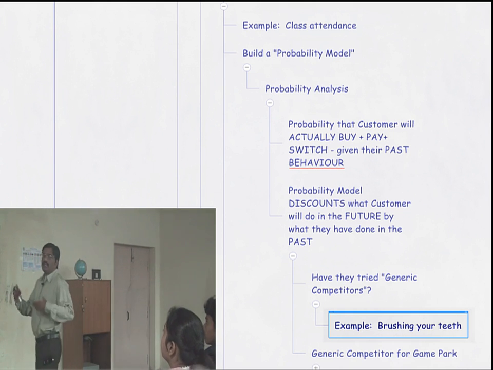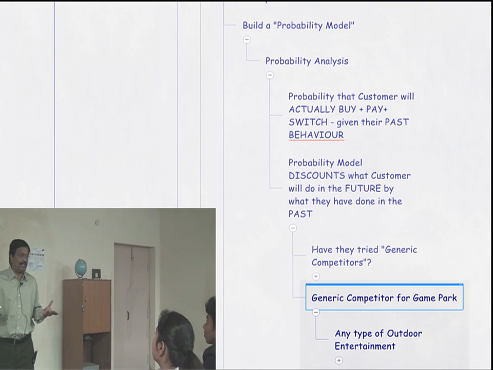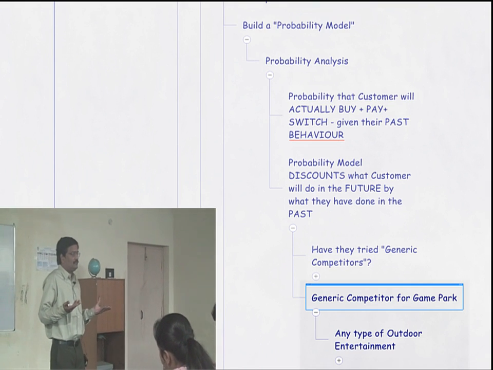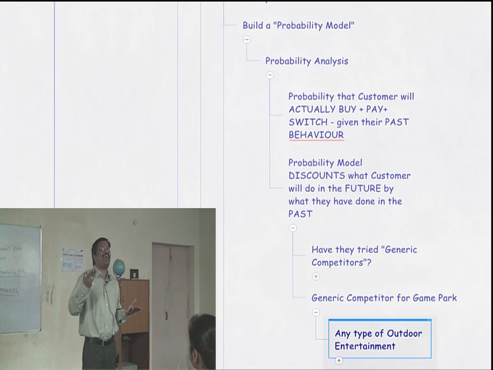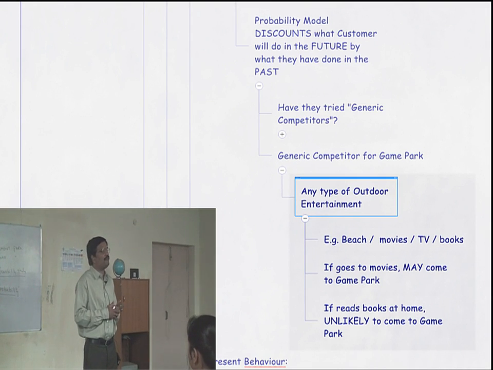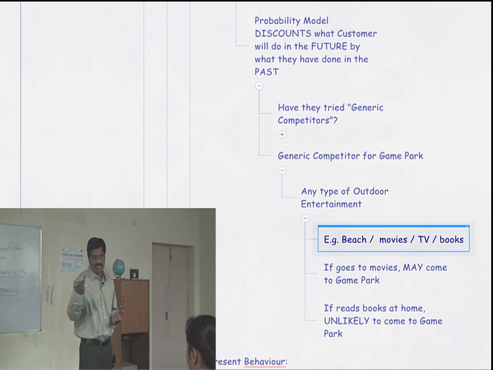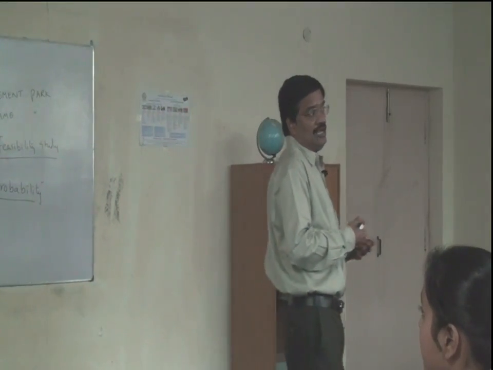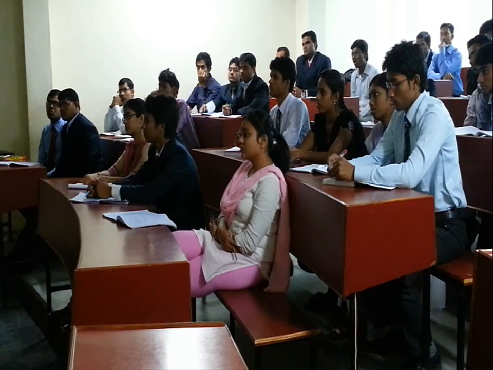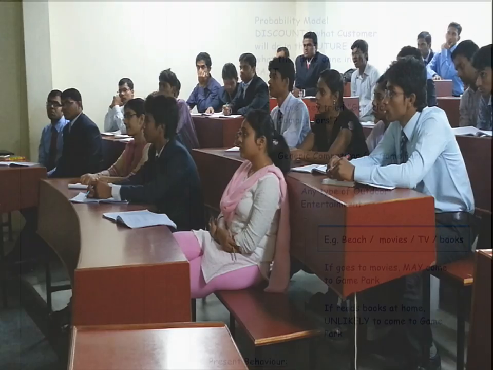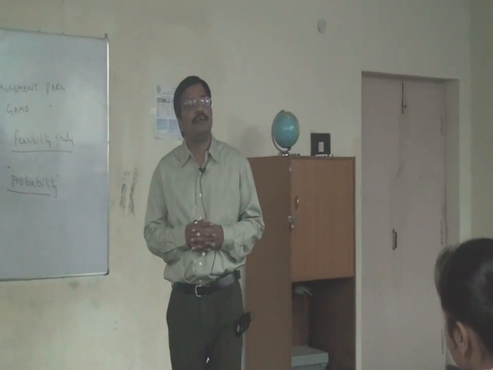So what is the generic competitor for an amusement park? Any type of outdoor entertainment. Like what? Beach. Yes, going to the beach, if it's a place like Vizag. Any other? Anything else?